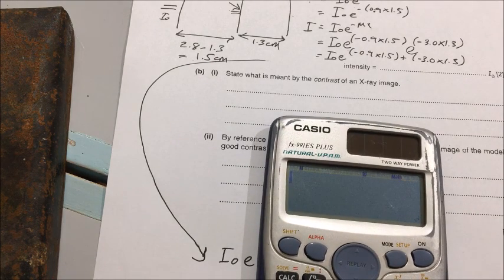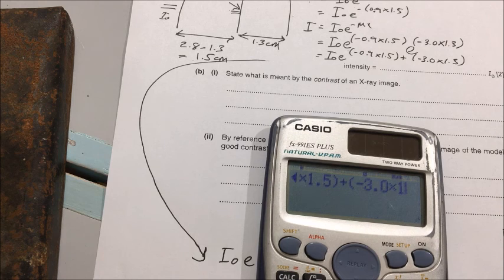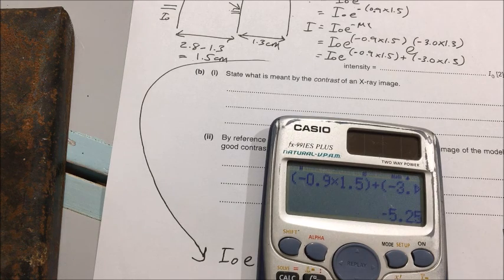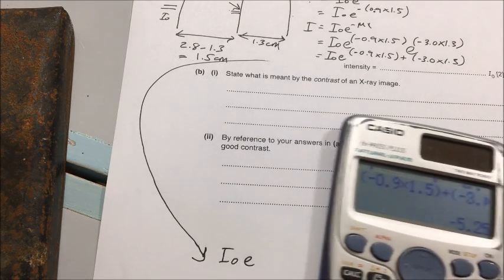I've got open brackets, minus 0.9 times 1.5, close brackets, plus, because I'm adding those powers together, minus 3.0 times 1.3, close brackets, equals minus 5.25.